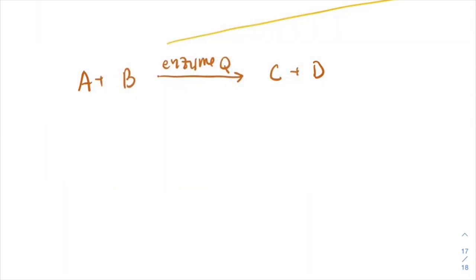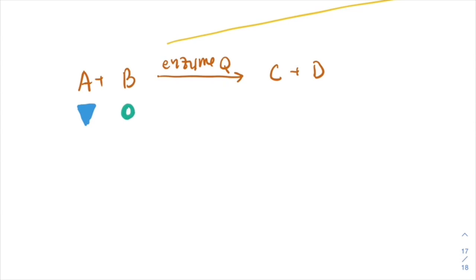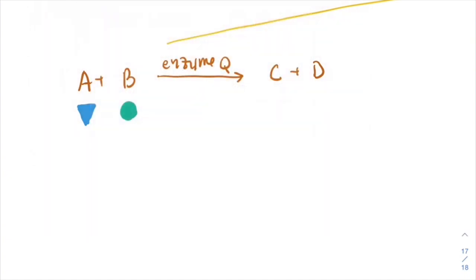Let's say that substance A is actually shaped like this triangle, and that substance B is shaped like this green ball. Enzyme Q, on the other hand, let's go for a reddish color here. Enzyme Q is a globular protein, and I'm going to draw it like this. Here is our enzyme Q.